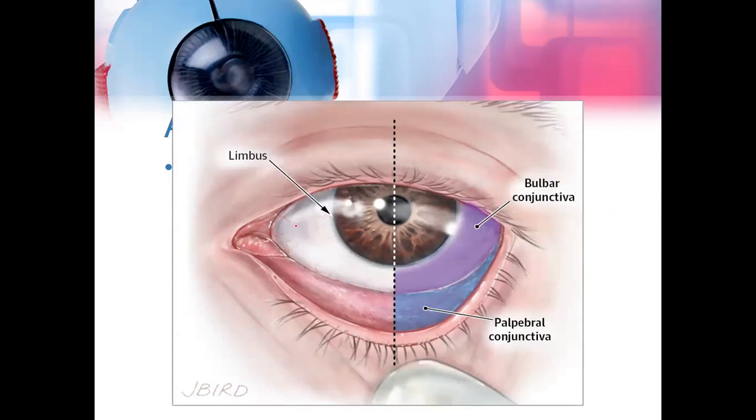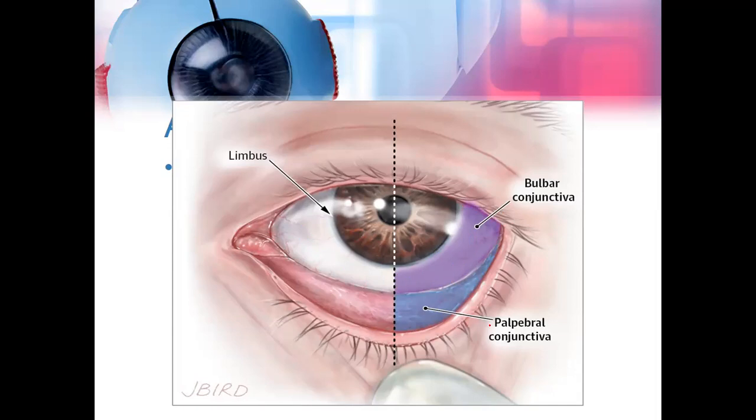Because the sclera is the whitish part of the eye. Above it, wrapping it, we have the bulbar conjunctiva. Of course, this one is transparent, so we wouldn't see it unless we represent it here, as we see it here, in purple.